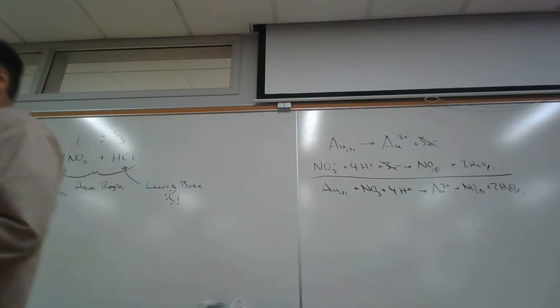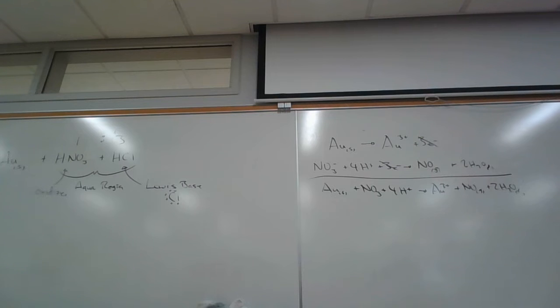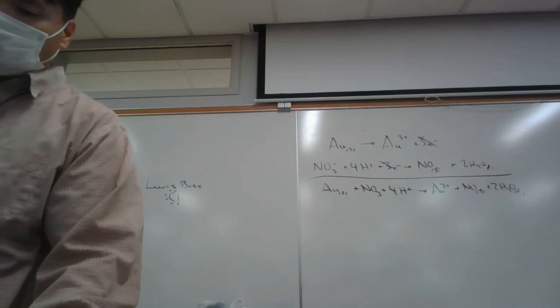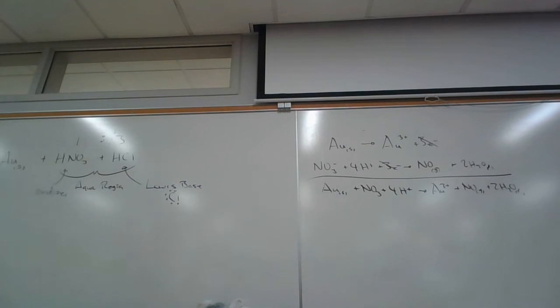Now, when I think about motion and kinetic energy, I think about the Maxwell-Boltzmann distribution, or the kinetic energy distribution. Do you guys remember the kinetic energy distribution or the speed distribution for ideal gases?